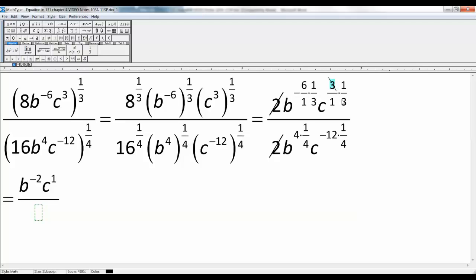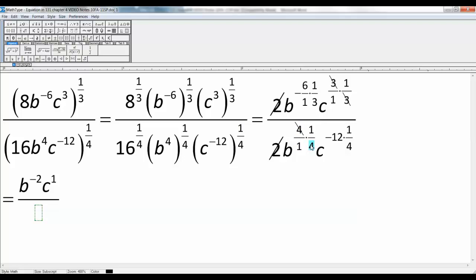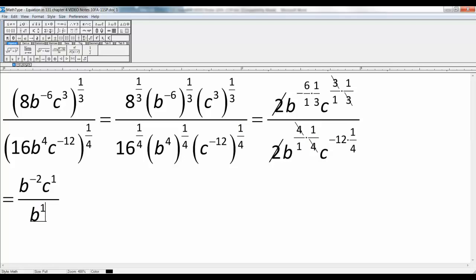This and this reduce down to 1. Same thing with this. 4 over 4 makes 1, right? Because this is really 4 over 1, and that gives you 4 in the numerator, 4 in the denominator. They're both gone. It makes it 1. So it's b to the 1. And then c to the negative 3.